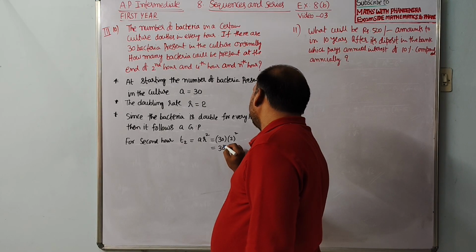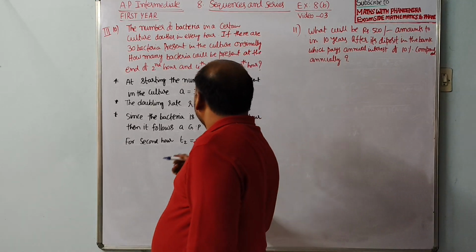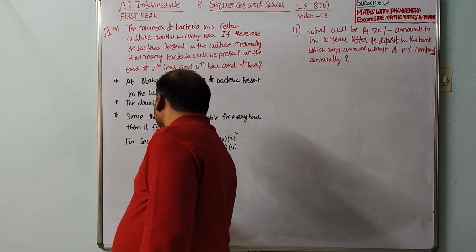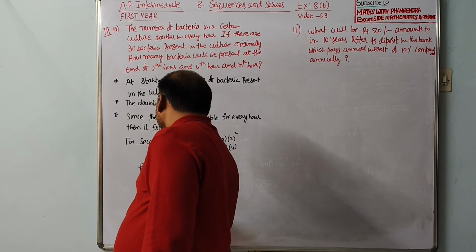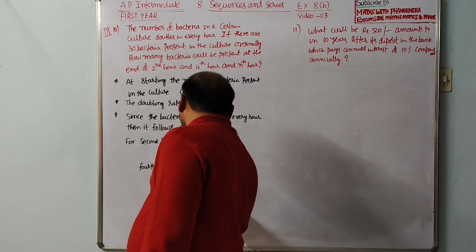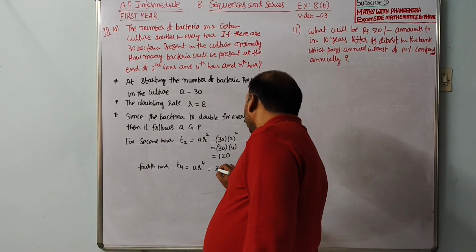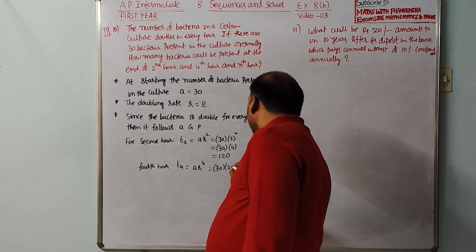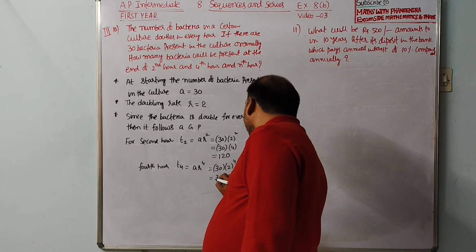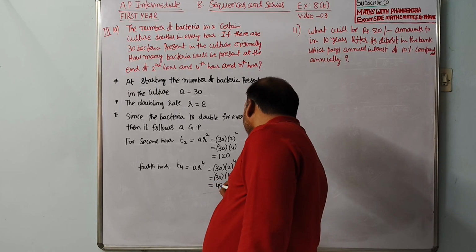So 30 into 4, that is equal to 120. Next, for fourth hour, T4 is equal to ar power 4. So that is equal to 30 into 2 power 4. So 30 into 16, that is equal to 480.